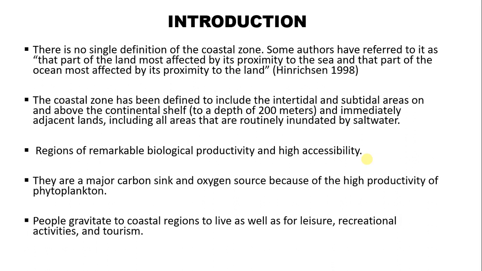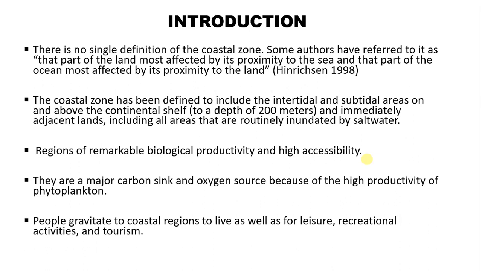In fact, some authors say that a coastal zone is that part of the land most affected by its proximity and closeness to the sea, and also conversely that part of the ocean most affected by its proximity to land.